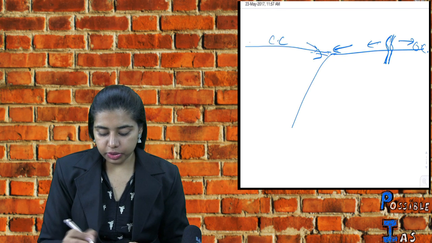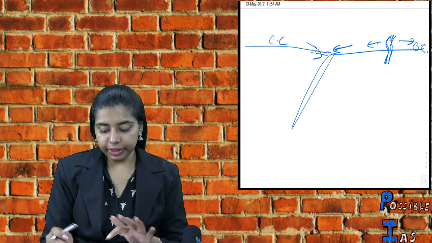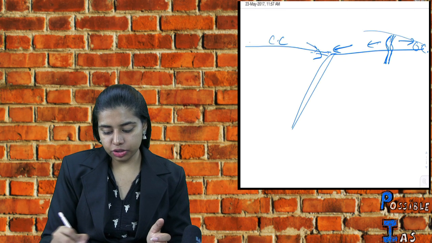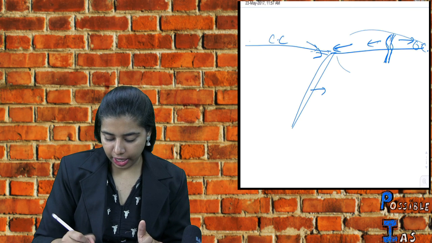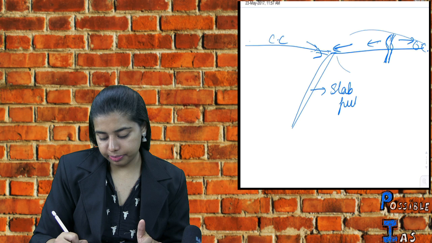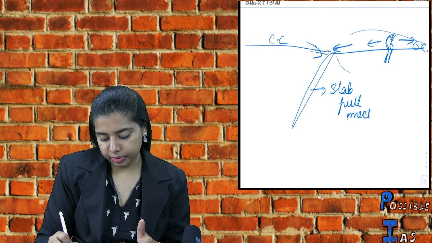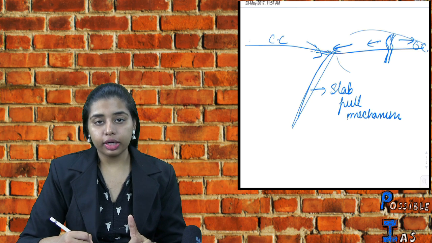Okay, so now you see this part of oceanic crust is moving down. So what will it do? It will try to drag the rest of the oceanic crust also along with it. So this mechanism is known as slab pull mechanism. Again, what happens? The oceanic crust is moving below the continental crust.